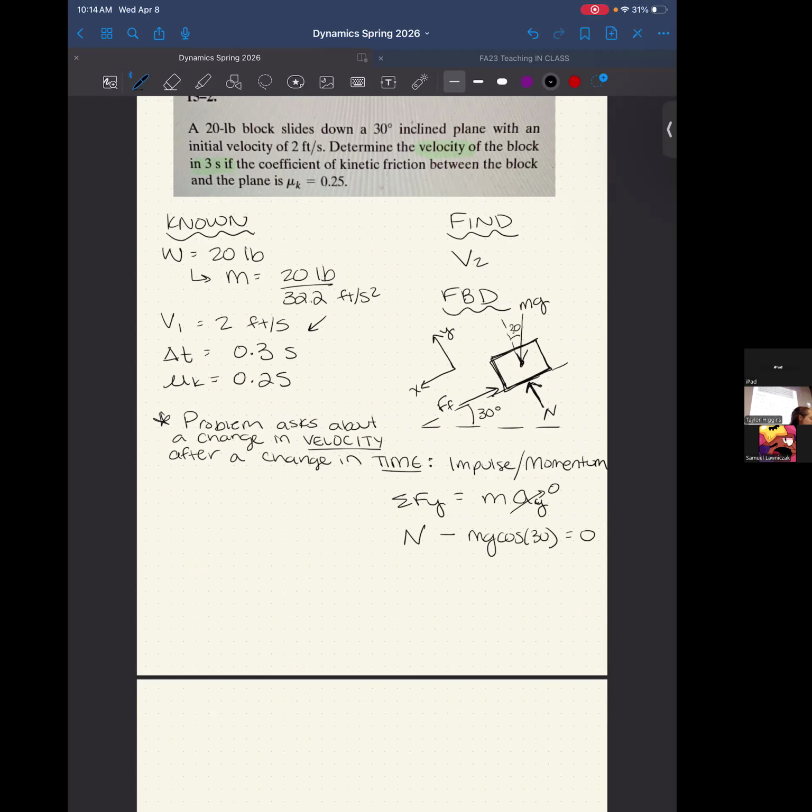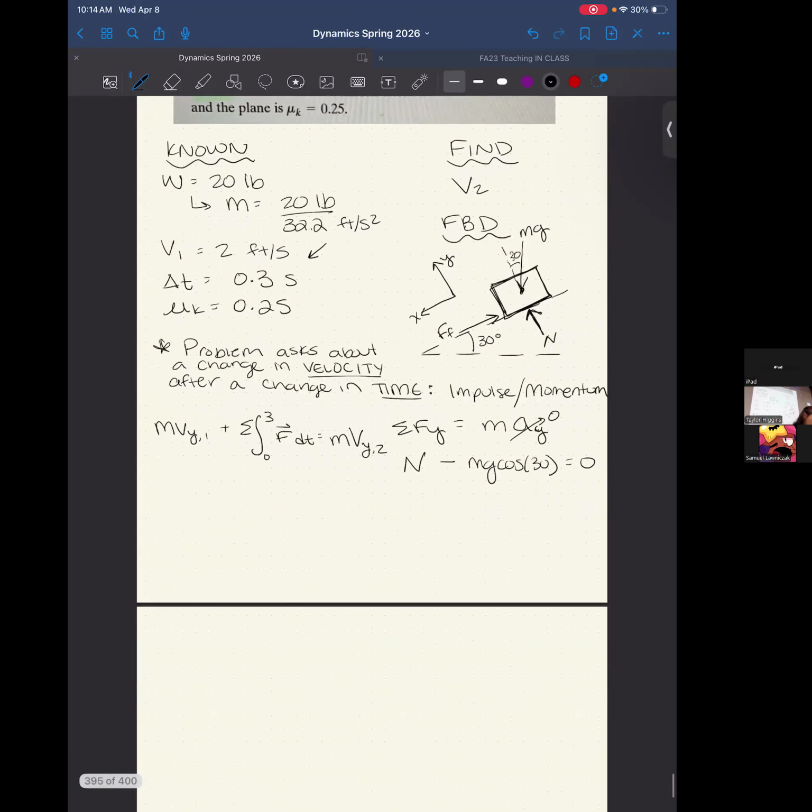Totally fine. But let's play around with this. Let's look at what would happen if we had used impulse momentum in the y direction. There we would have said m v y1 plus the sum from 0 to 3 of f dt equals m v y2. We would have found that the velocity in the y direction at time 1, what is that?